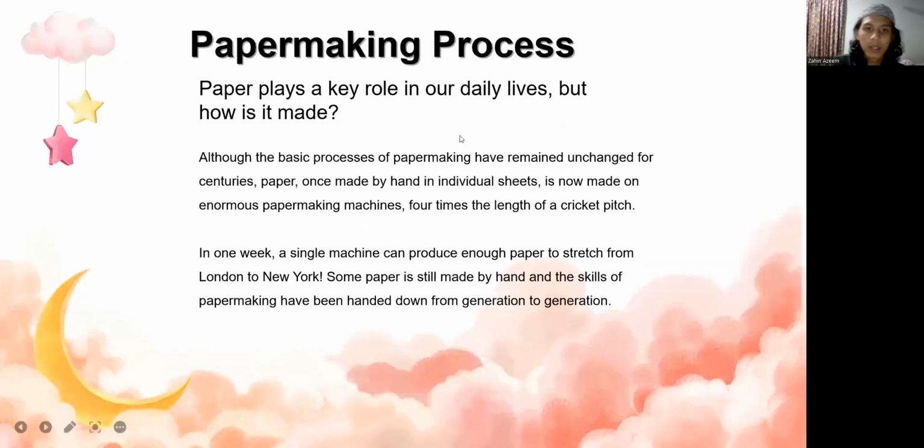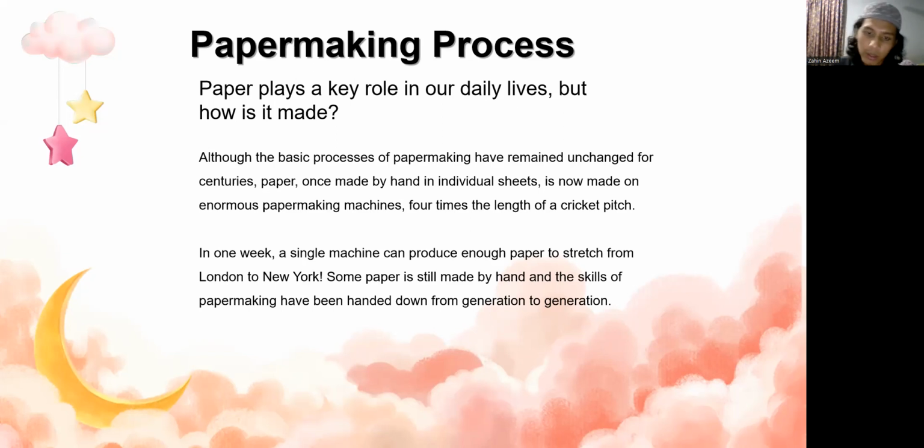Next, in this part I will briefly explain how the paper making process by machine is done today. Paper plays a key role in our daily lives, but how is it made? Although the basic processes of paper making have remained unchanged for centuries, paper was once made by hand in individual sheets.